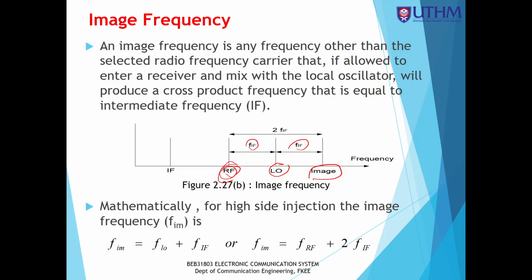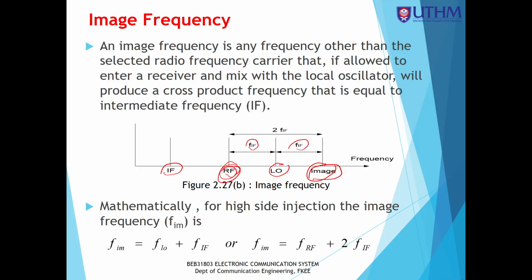Is it this one, RF, or is it this one, image? Because both of these will produce the FIF. So it is the job of the pre-selector or the tune circuit to remove the image frequency. Ia adalah tugas pre-selector untuk memastikan image frequency tidak masuk ke dalam receiver.